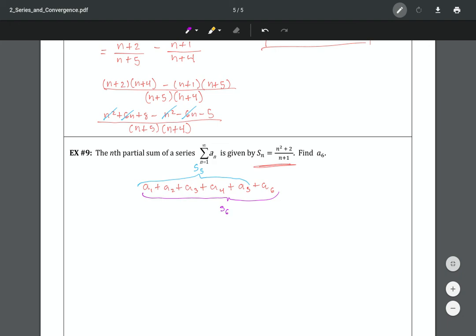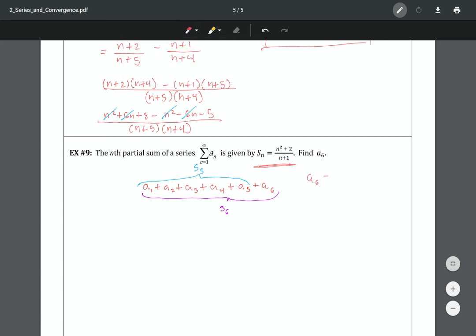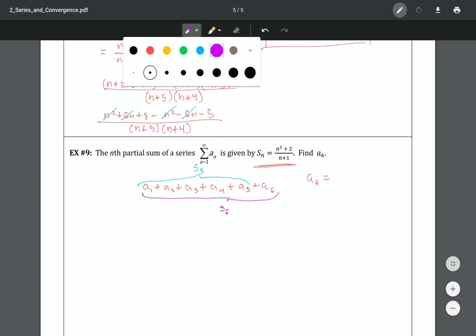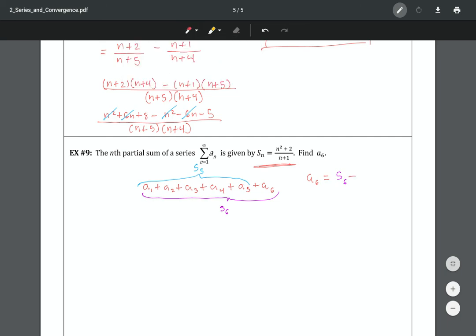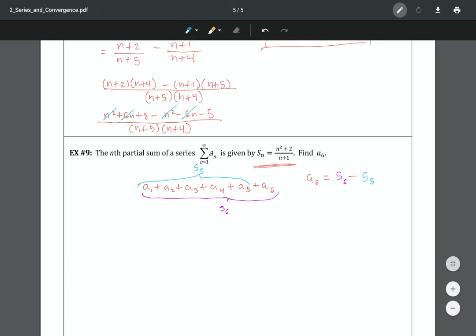So we can say that a of 6 would be equal to S of 6 minus S of 5. Now think about why that would be true, right? If I have S of 6 and I subtract S of 5, I basically delete the first 5 terms and I end up with the last one, or in this case, a of 6.